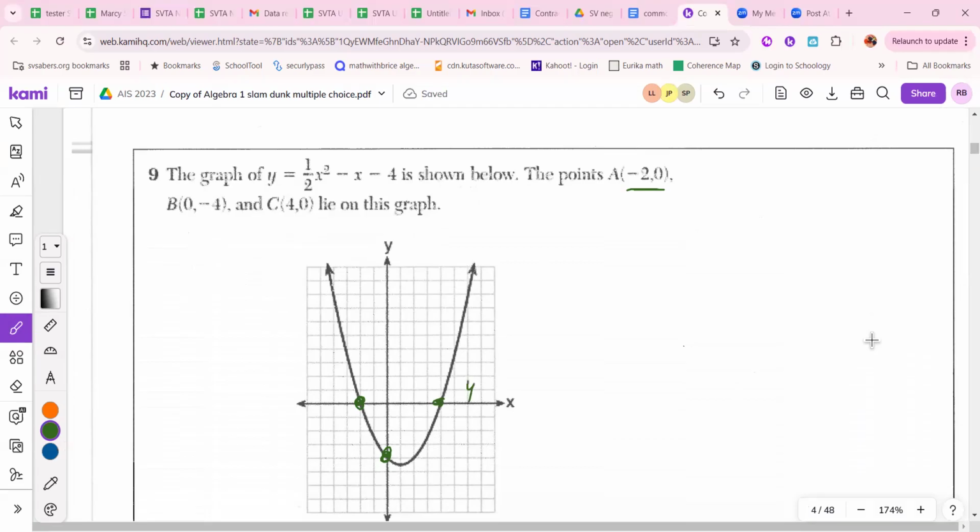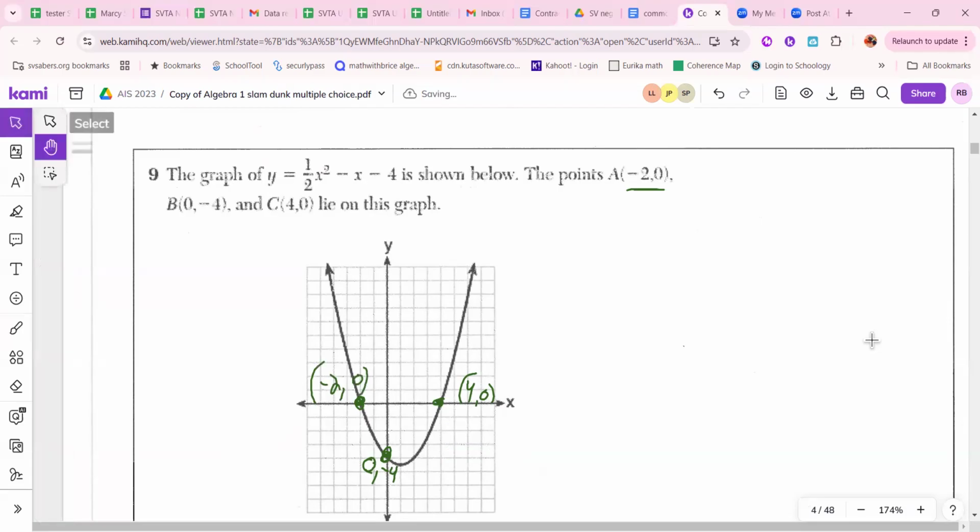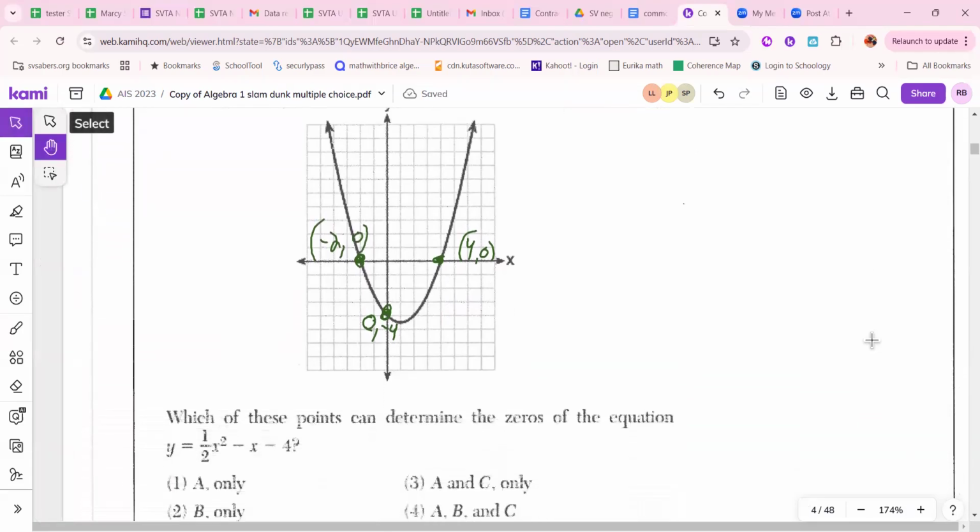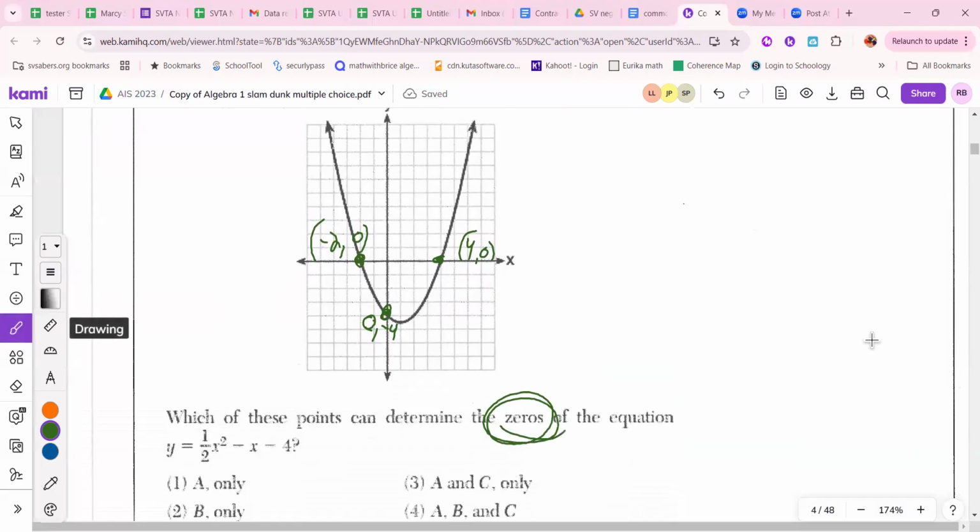So I'm going to label that as 4, 0. I'm going to label this as 0, -4, and this one is -2, 0. Now there's some things we know about this, but let's see what the question says. Which points can determine the zeros of this equation?